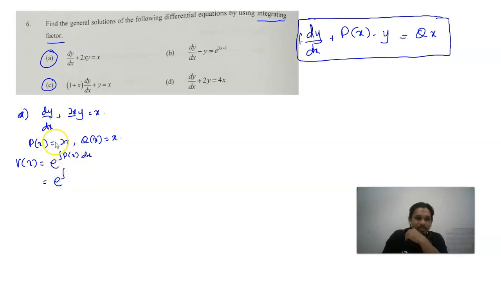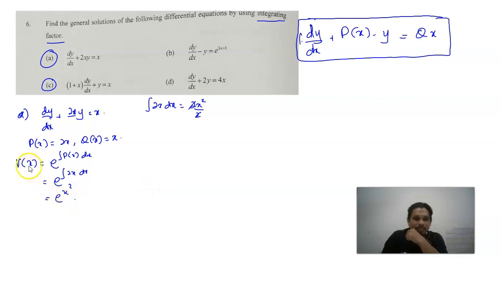P(x) here is 2x, so the integral of 2x dx equals 2x squared divided by 2, am I right? So 2 divided by 2 is 1, giving x squared, so e to the power of x squared.